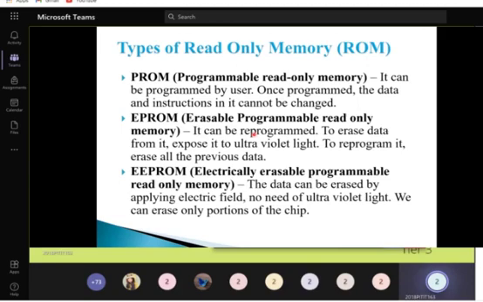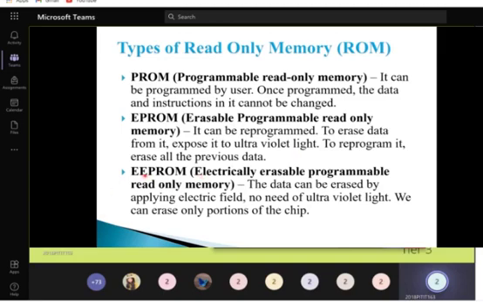By exposing that ROM to UV light, that is our ultraviolet light. If we expose it, the content will get erased and we can reprogram it again. So by erasing all the previous data using ultraviolet light, we can reprogram it.